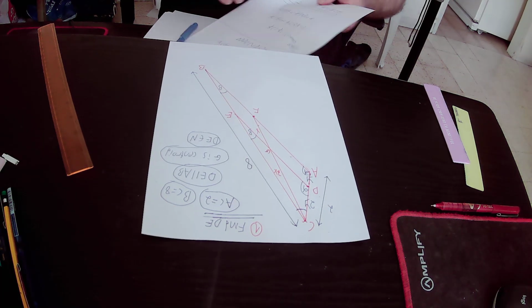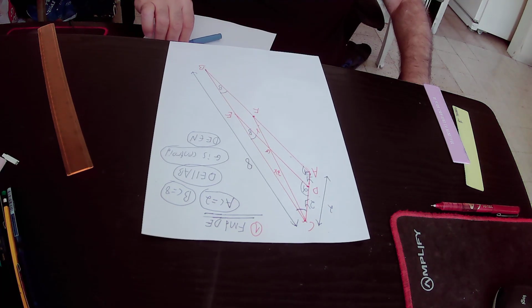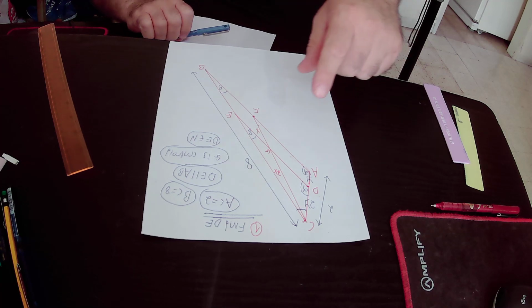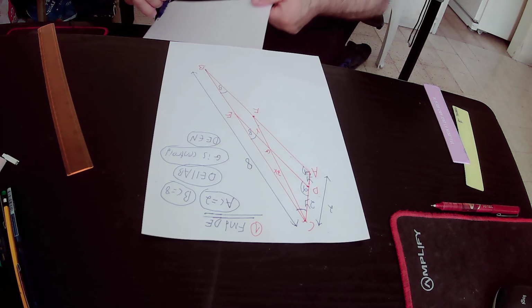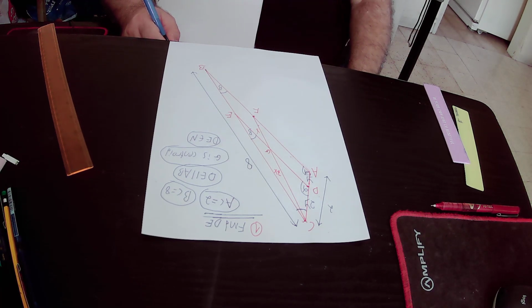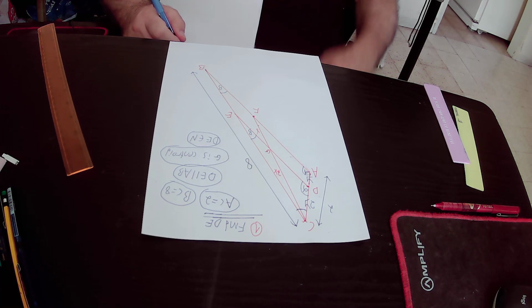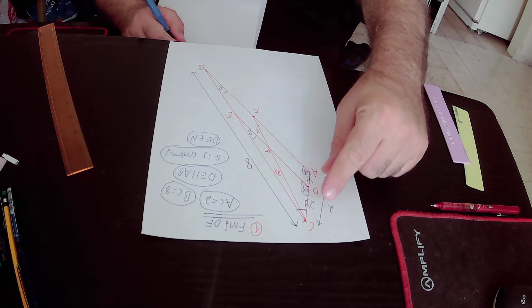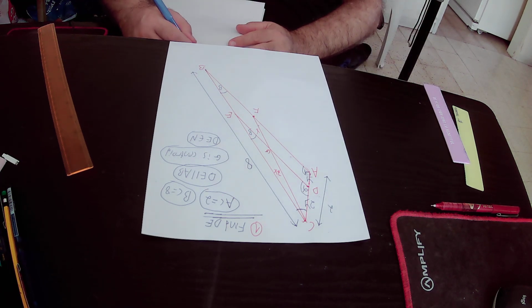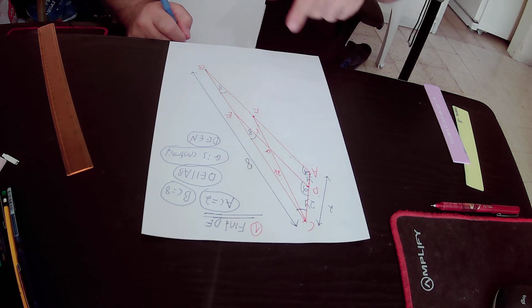So, from the fact that triangle ABC is similar to triangle CDE, we can conclude that CD over AC is equal to DE over AB.